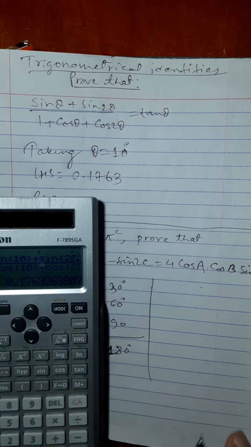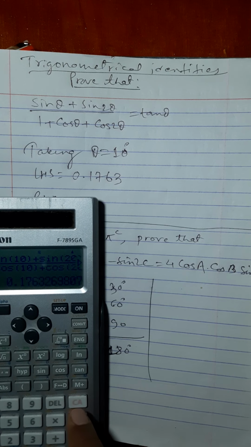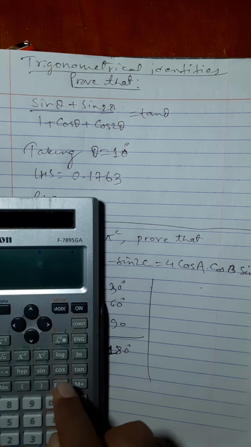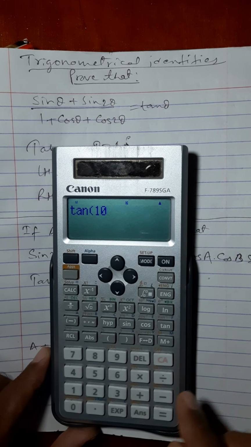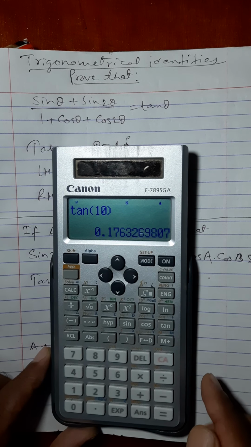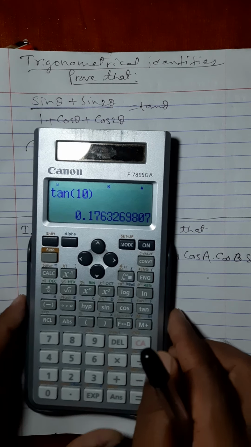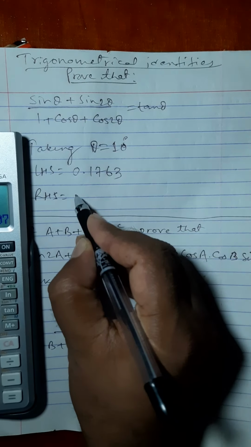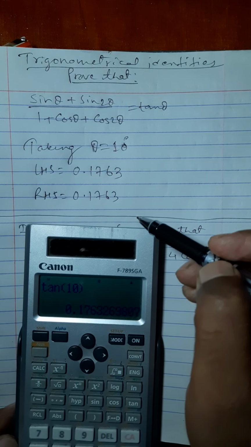And again, from the RHS we will find the value when we put theta equals 10 degrees. So tan 10, bracket closed, equals, and we also get 0.1763. From the RHS and LHS we have got the same value.